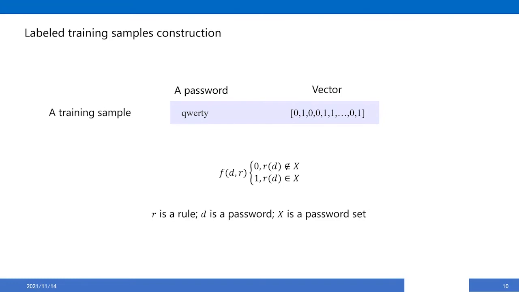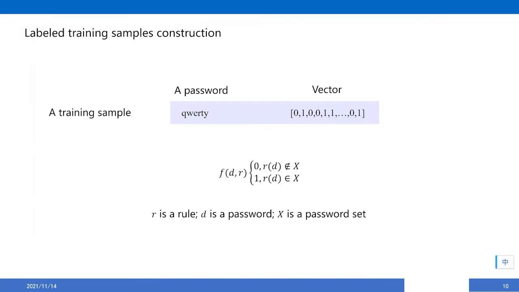There are many rules in a rule set. Each rule is a label. Each piece of training data consists of a password and a corresponding vector. The vector is used to indicate whether each rule and password are appropriate.